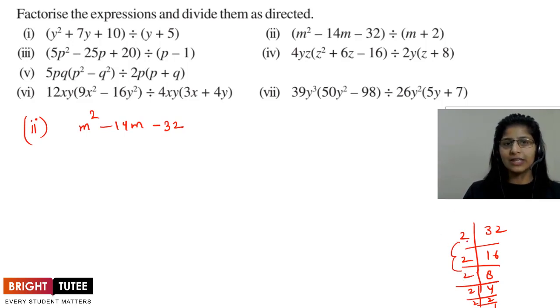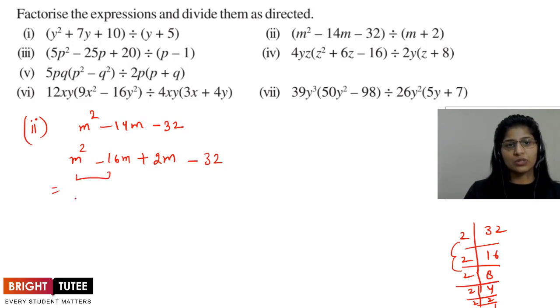So let's try another. 2 twos are 4, twos are 8, twos are 16. 16 and 2, yes, that can form 14 and 32. So m square minus 16m plus 2m, so that 16 and 2 are there and it forms minus 14m, minus 32, because minus 16 and 2, when multiplied, gives minus 32.